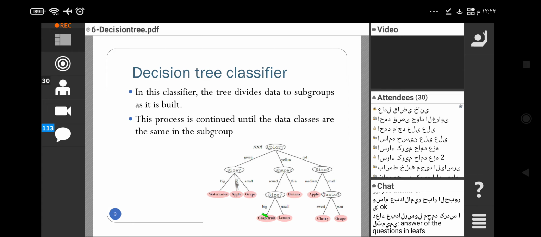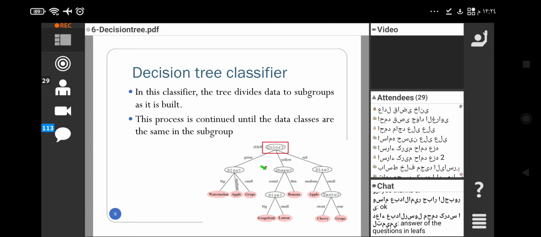One important point about the decision tree is that the decision tree is dividing the data into subgroups. Okay, what does this mean? When we are building this decision tree, for example, in the root node, we say that color is the root node in the tree.